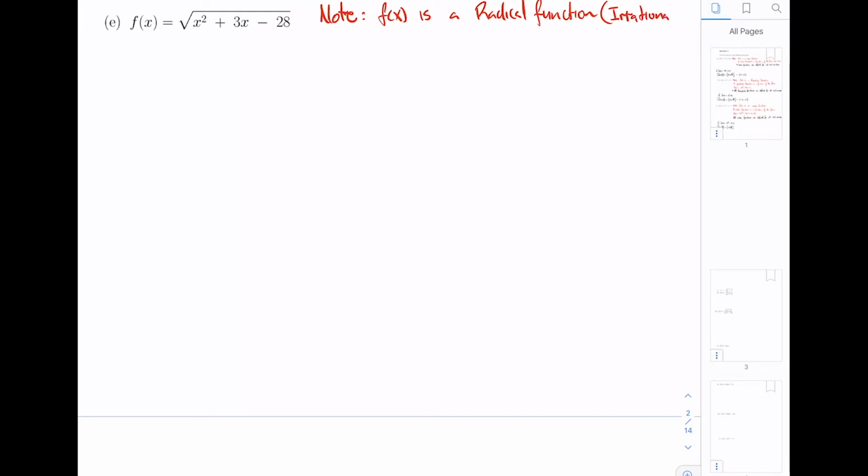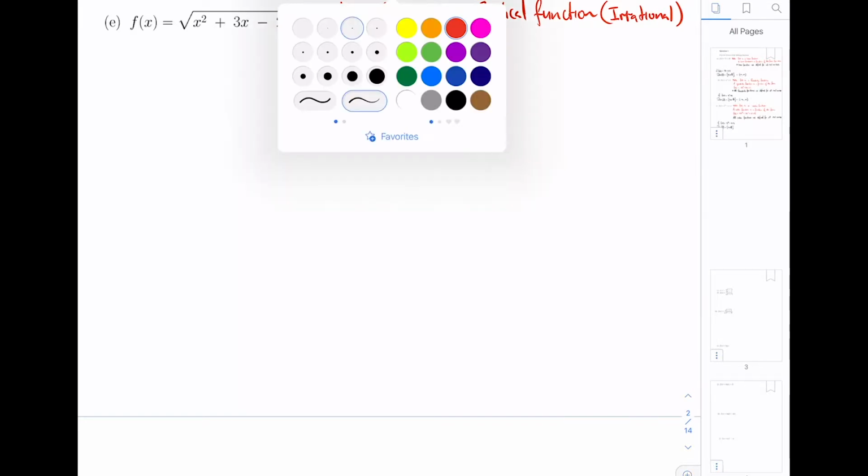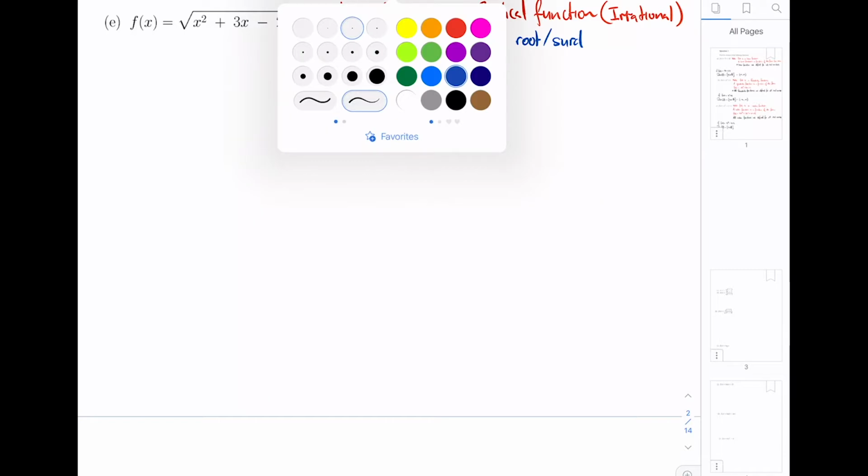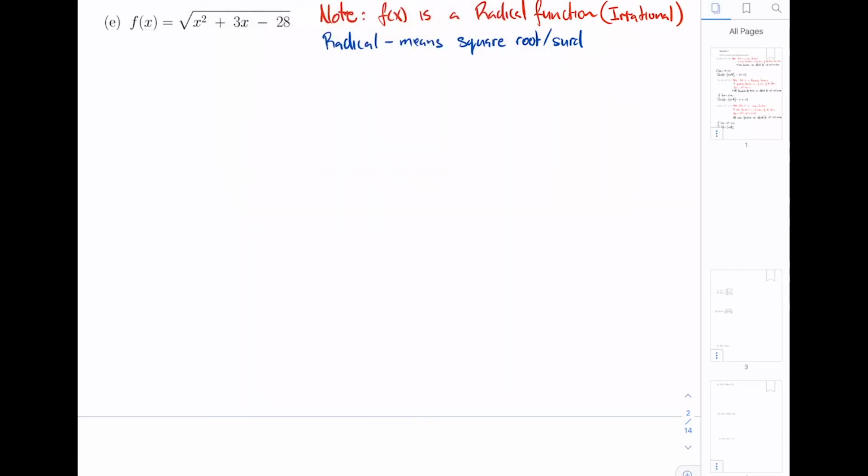Okay, so what is a radical function or irrational function? The word radical means square root or third. So once we realize that our expression has in it a square root of a function, right, then that function is a radical function. Okay, so this is the general rule of thumb.